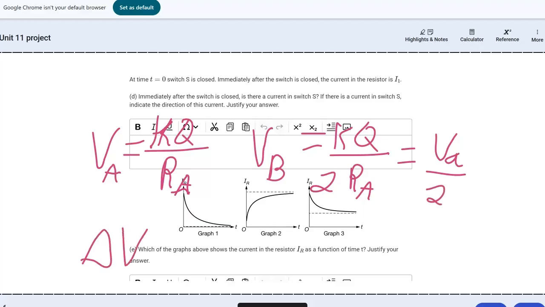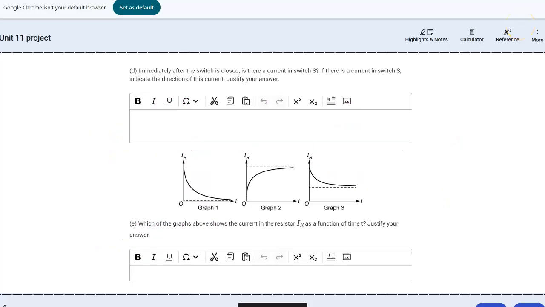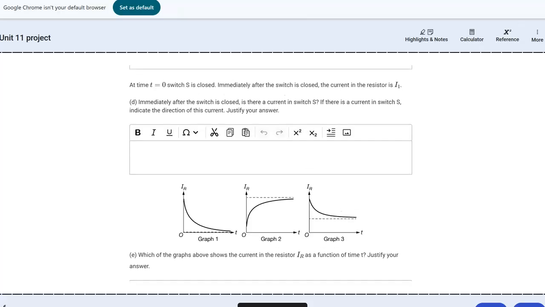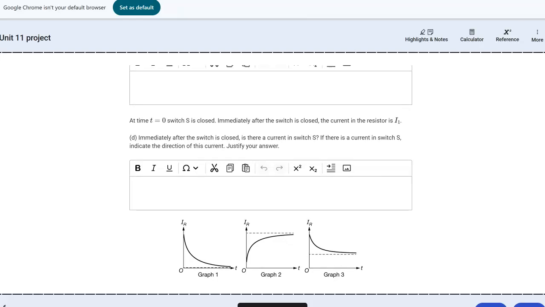So that means our change in V won't be 0. It'll be V A minus V A over 2, which is just V A over 2. And so it's going from a higher to lower potential, and that means there's going to be current flowing from A to B. So there definitely will be current in switch S. And the direction would be from higher to lower.